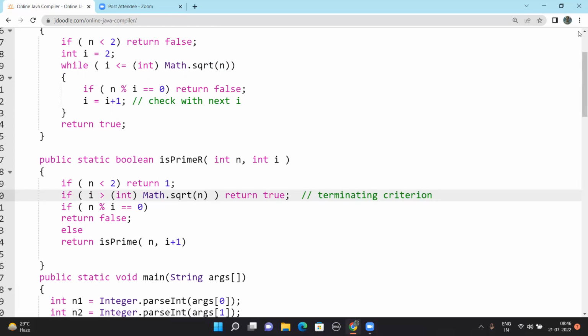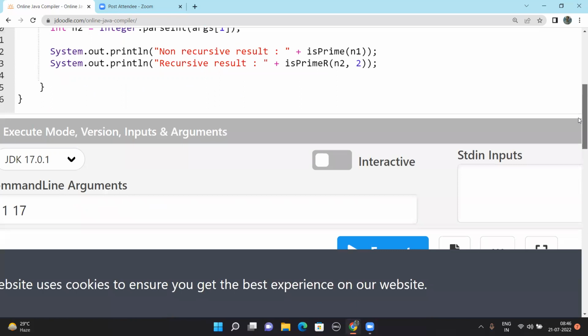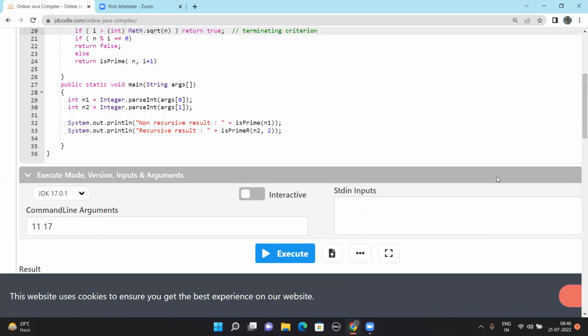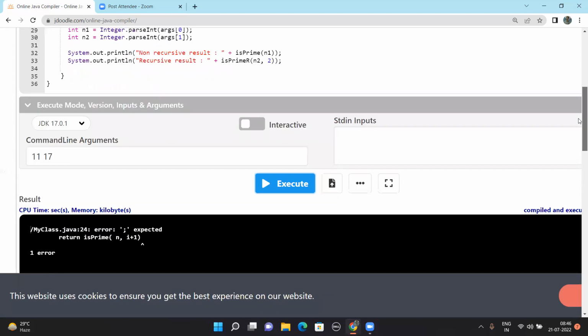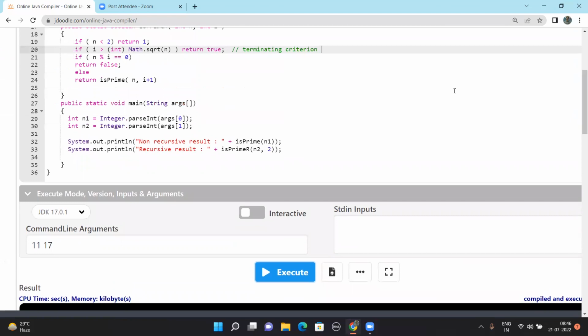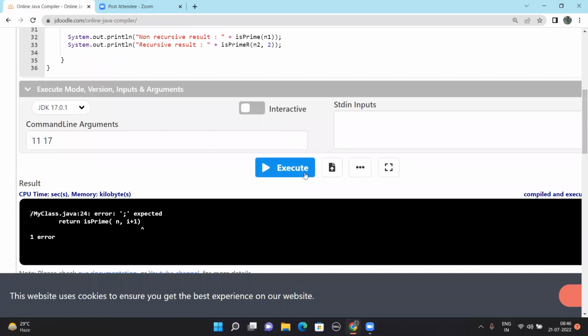Okay. Now let us check. What is the second input? 17. 17 is prime. So expected output is true. Semicolon is missing here. This is primeR. Otherwise, we end up calling the previous method.